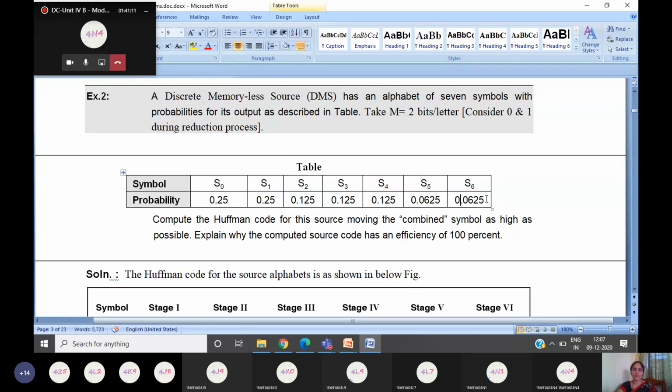So 0.0625 plus 0.0625 is 0.125, plus 0.125 is 0.25, plus 0.125 is 0.25, so this is 0.5, and 0.25 plus 0.25 is 0.5. So the total is okay, no issue here. 0.5 plus 0.5 is 1.